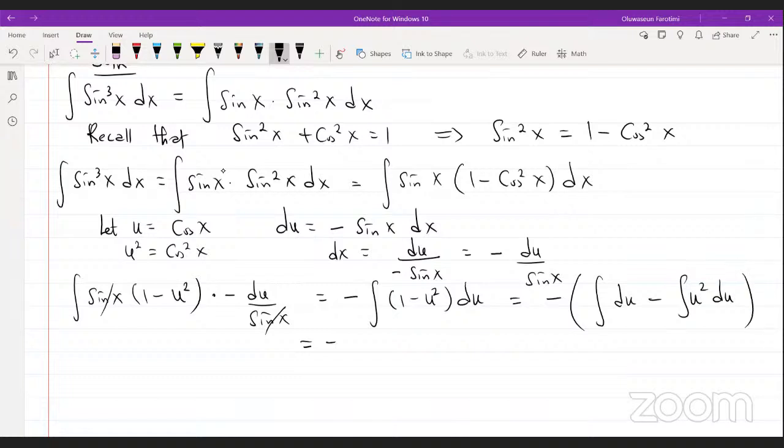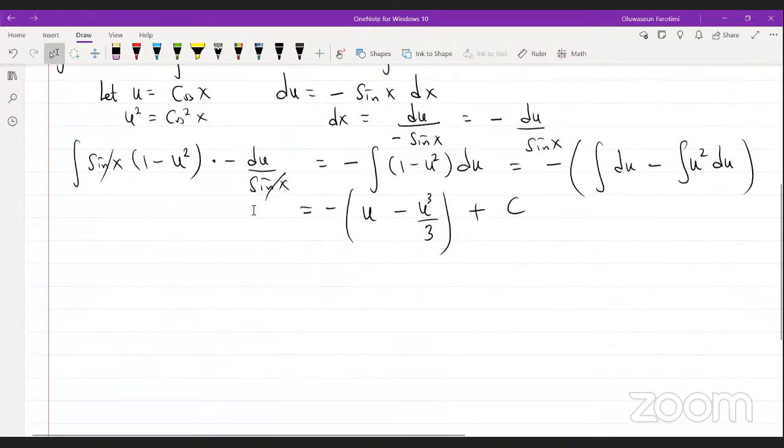The integral is an operator, so it operates on the first term and on the u squared. That means over here I have u minus u cubed over 3. Because this is an indefinite integral, remember the constant of integration, plus c.